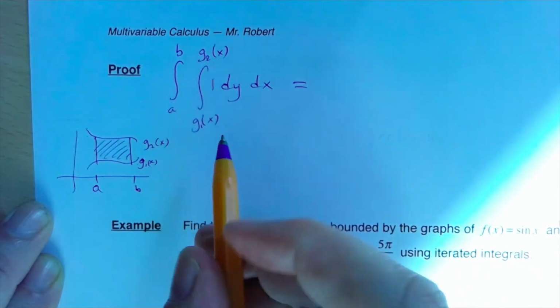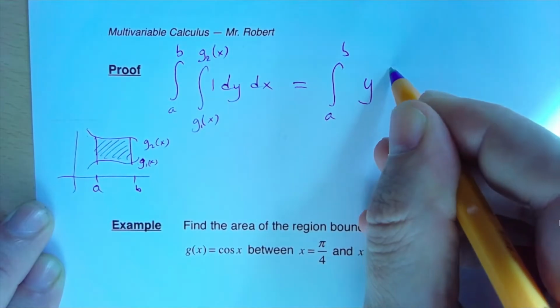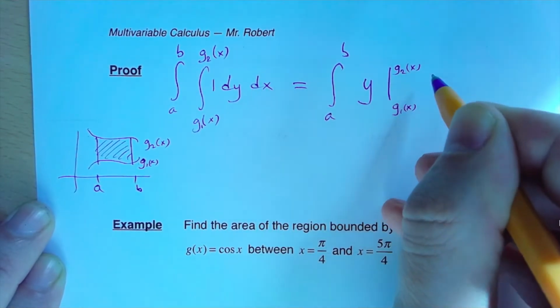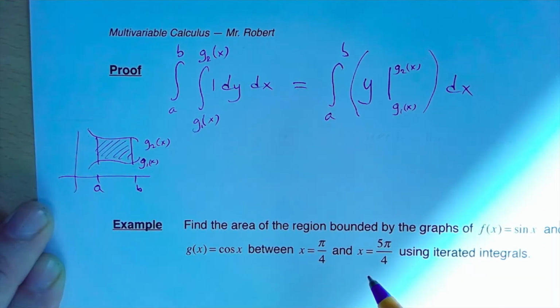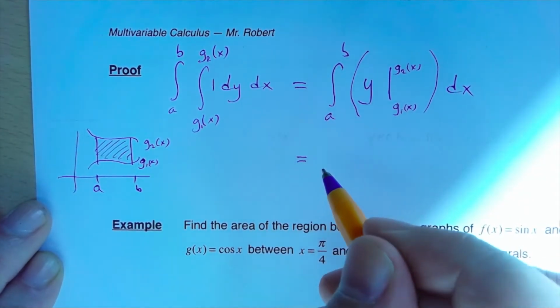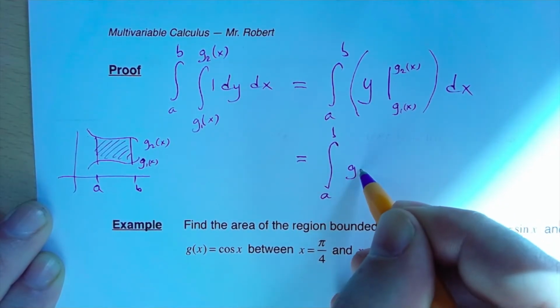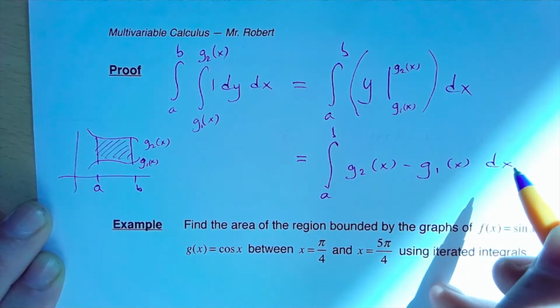This is 1, so if we integrate, we get y integrated from g1 of x to g2 of x. And later we would integrate in terms of x. Now using the fundamental theorem of calculus, this is the integral from a to b of g2 of x minus g1 of x dx.